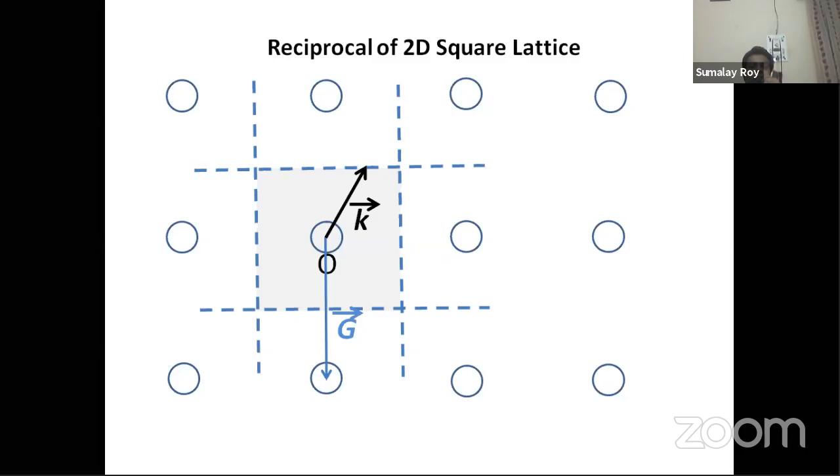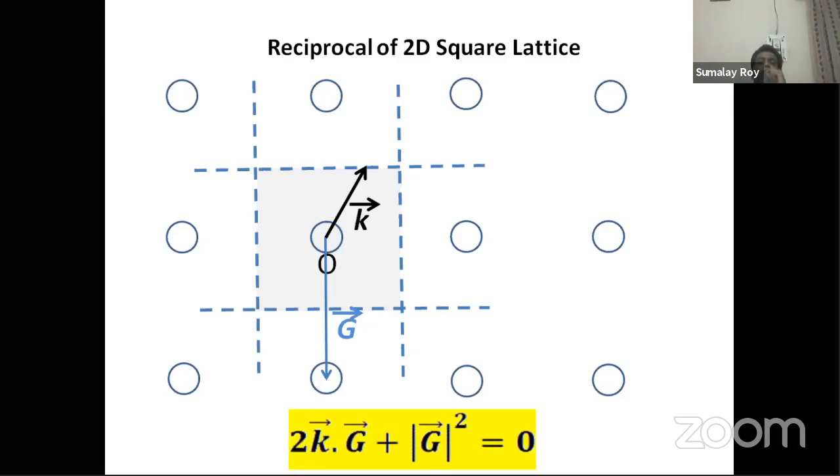Minus G squared plus G squared is 0. That means for this vector, your diffraction condition is satisfied. So this condition is satisfied for this vector G, for this vector K.